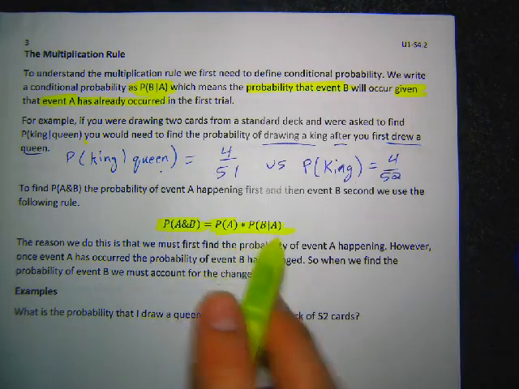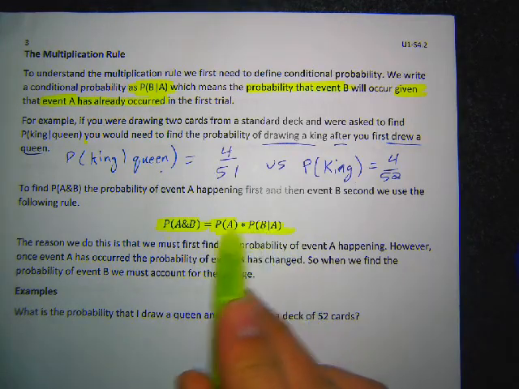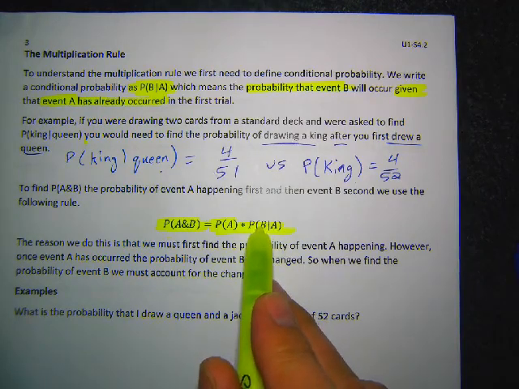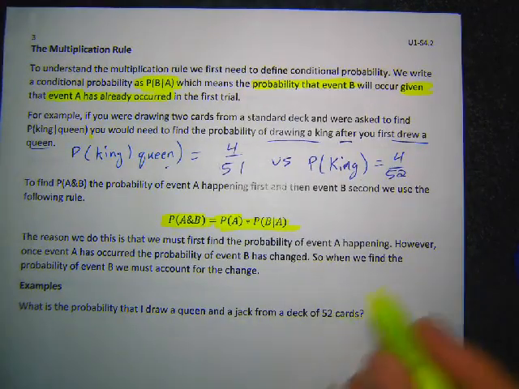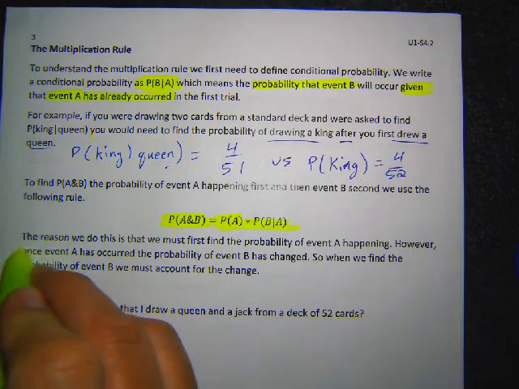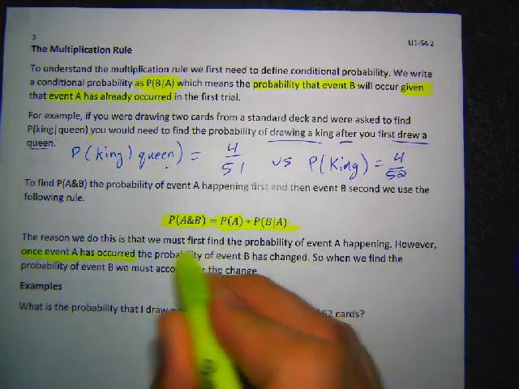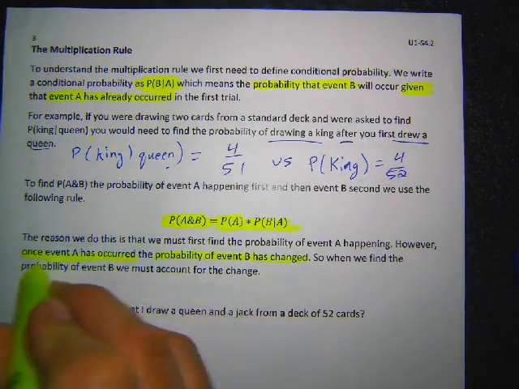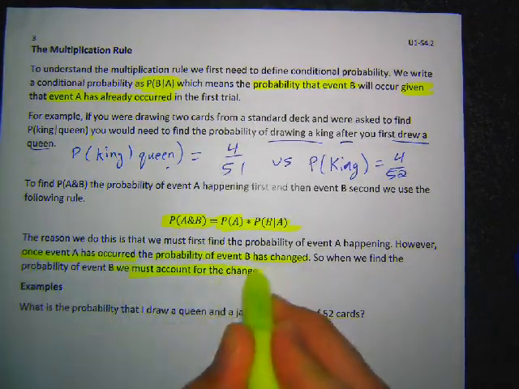What usually happens is when you do the first part, part A, it typically changes the probability for B. So that's where you have to be careful. Once event A has occurred, the probability of B has usually changed. So when we find the probability of B, we must account for that change. That's the big difference here.